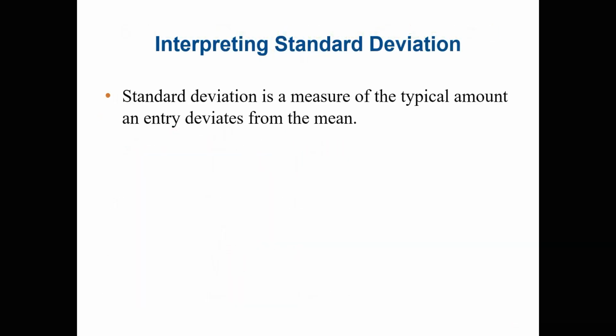Now let's keep the momentum rolling. Let's see how to interpret standard deviation. Now remember what we've said about a burger in a restaurant in Montreal. So standard deviation is a measure of the typical amount an entry deviates from the mean.